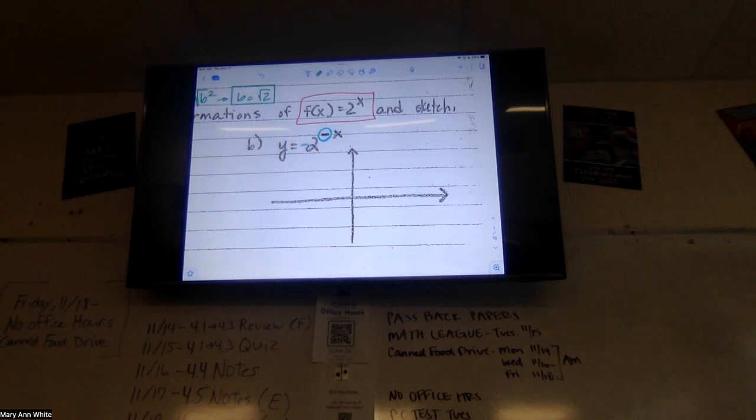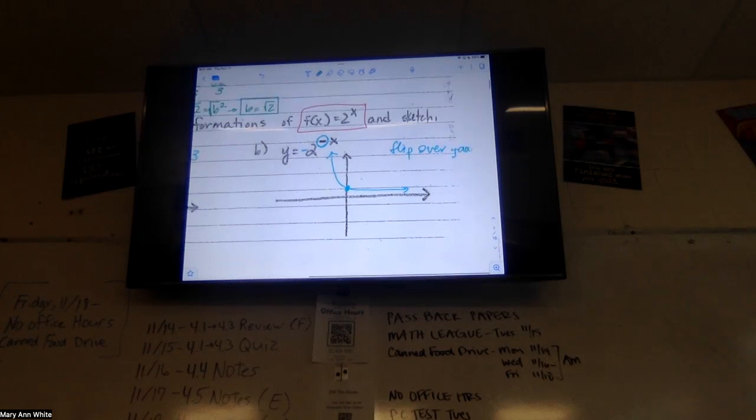This one flips it left and right. So instead of having it go like this, we're going to have it flipped opposite. It's going to start high and then get much lower. So I'm going to say flip over my y-axis.